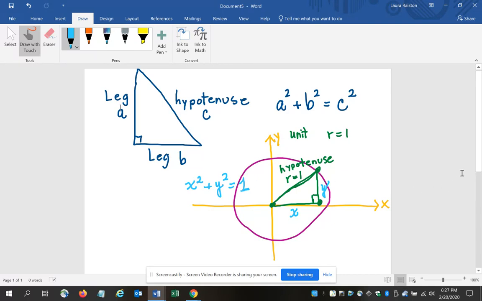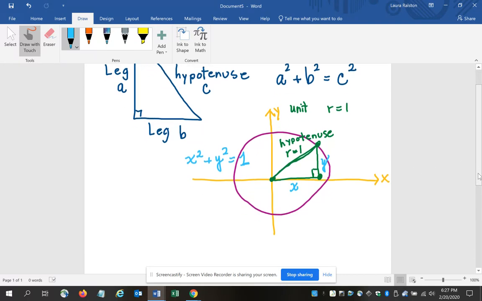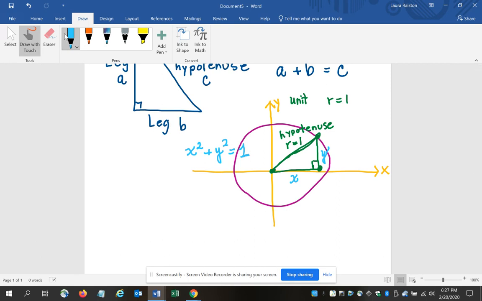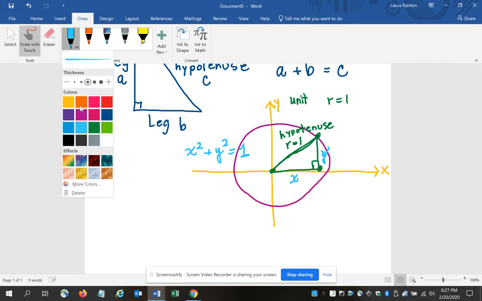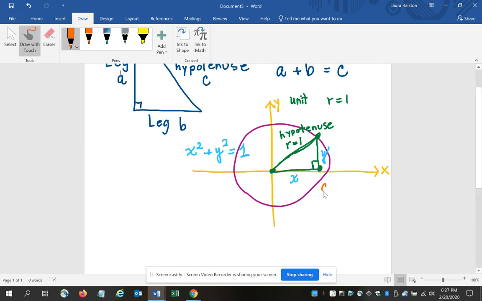Well, what we've learned in trigonometry, see there's a progression here, in relationship to the unit circle is that the cosine of the angle, which we're calling theta, corresponds to the x coordinate, and the sine of the angle corresponds to the y coordinate.